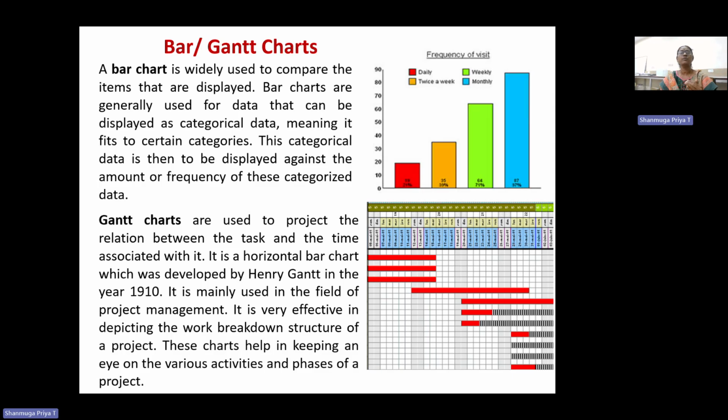For example, the daily visit is some visits, 21 percent. Next, in terms of percentage frequency, they mention 71 percent, then 97 percent. Like that, the percentage variation will be mentioned here. This will be drawn for all construction resources.